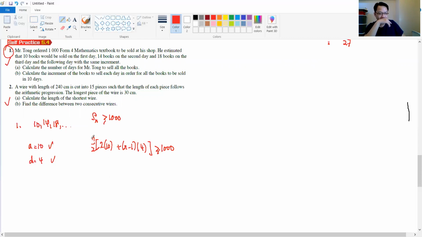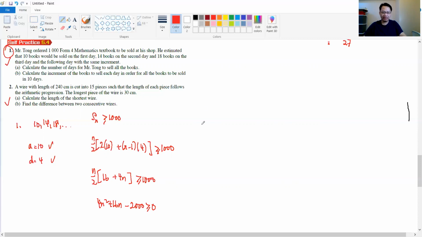Okay. So simplify this here. We are supposed to get n over 2 times [20 minus 4, 16, right? 16 plus 4n] more than or equal to 1,000. So 4n squared plus 16n minus 2,000 more than or equal to 0.